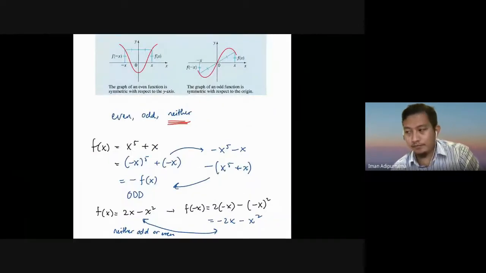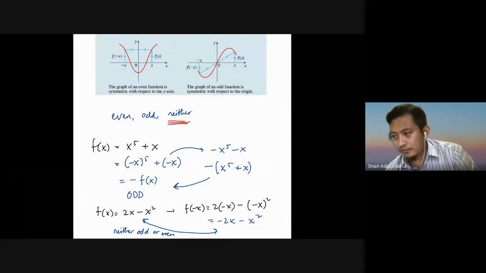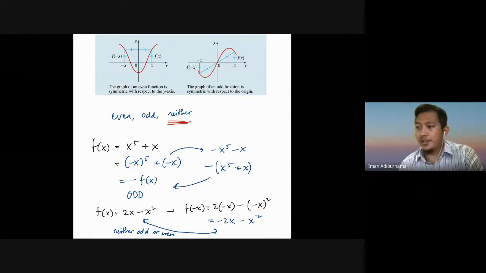Okay. Yeah, that will be the transformations of functions. Okay.